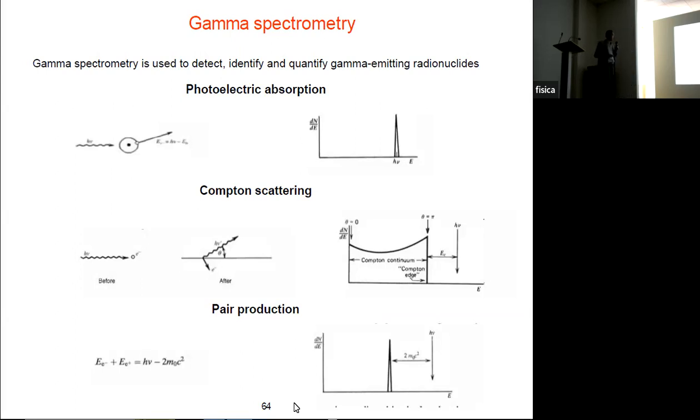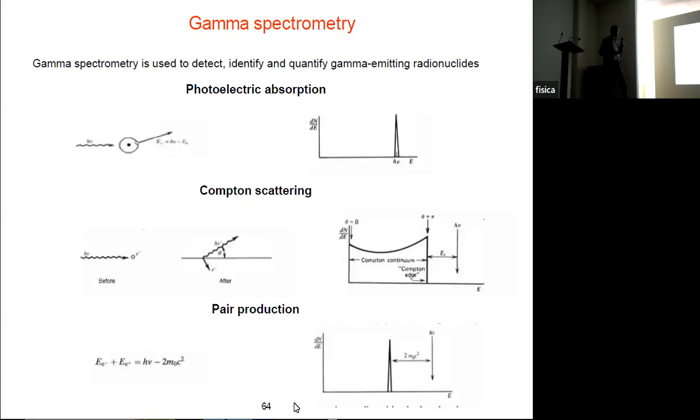The second process is Compton scattering, where you have an orbit electron at rest, and the gamma ray scatters off this electron. You will have a distribution of energies between this electron and the scattered gamma ray. And here you can see the spectrum which we usually get in detectors.